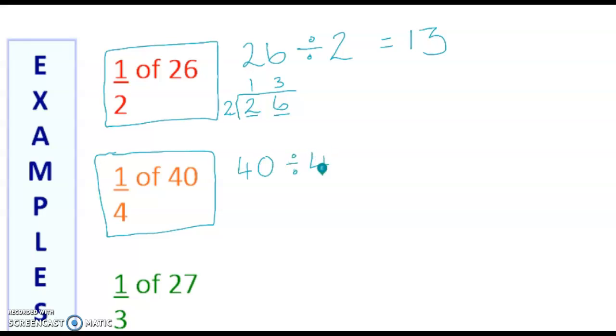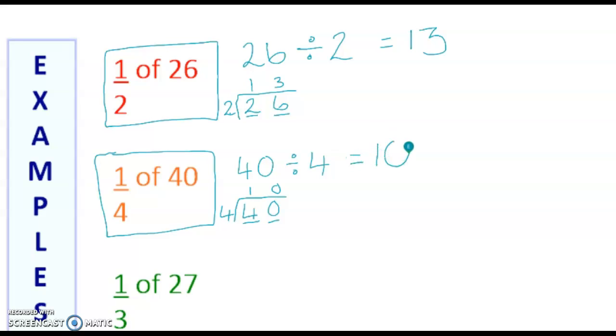But a secret trick to work out 1/4 is to halve it and half it again. If I did 40 divided by 4 and I needed to use the bus stop method, I could say how many 4's go into 4? 1. How many 4's go into 0? 0. And the answer would be 10.